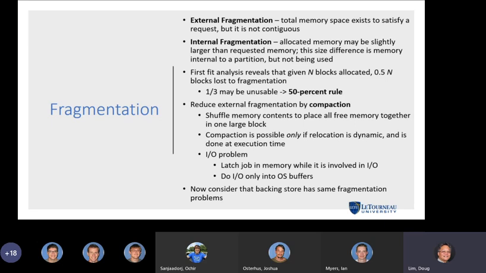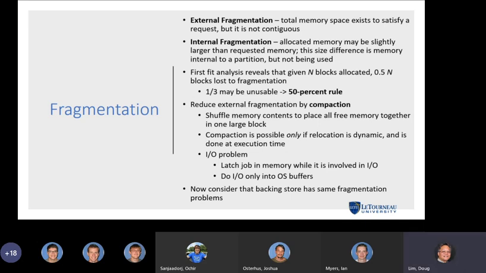This is the 50% rule, and that's sort of a guidance factor for the first fit algorithms: that when you're using a third of your memory, that only, is that right? I think it's backwards. When you're using half of your memory, only a third of it is usable at that point.